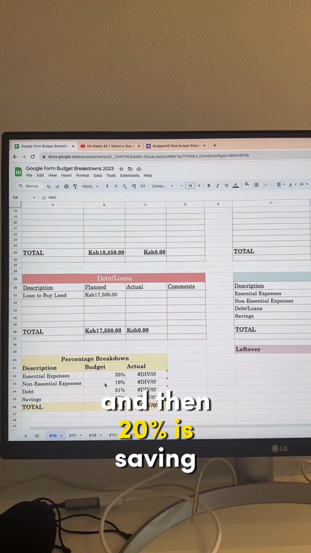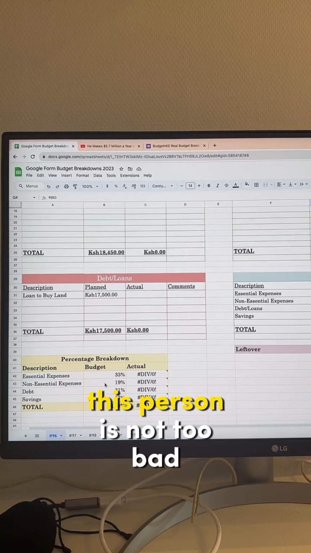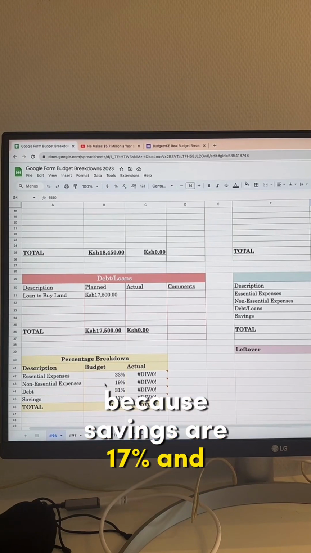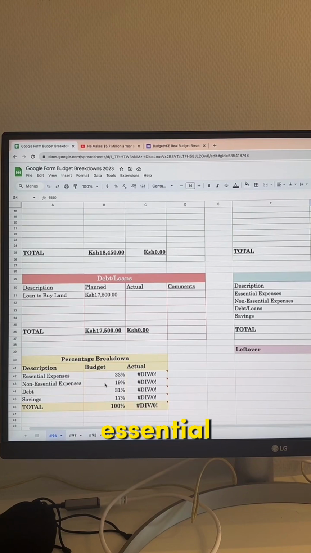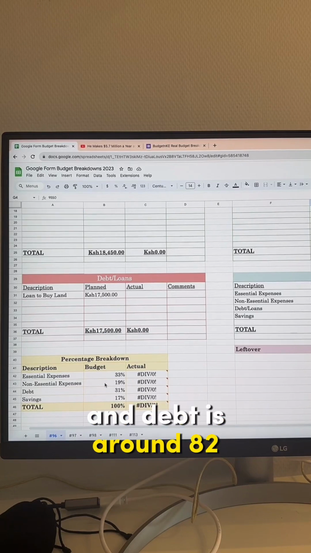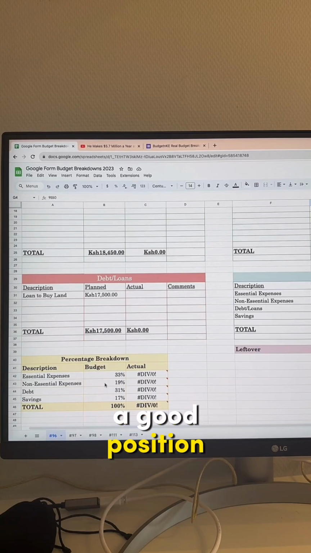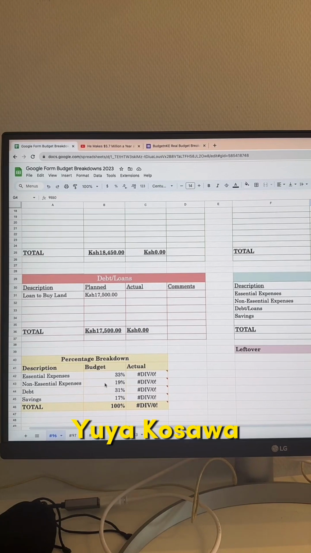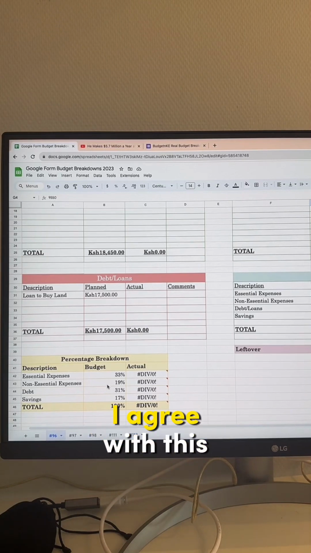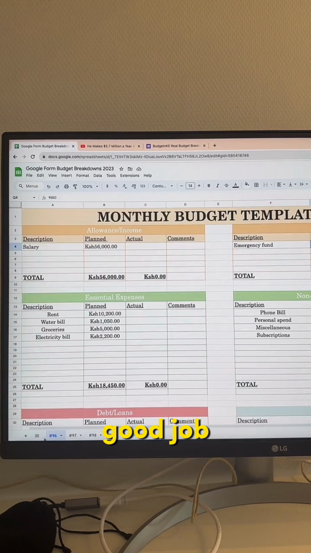And then 20% is savings. So that's why I'm saying this person is not too bad, because savings is at 17%, and essential, non-essential, and debt is around 82. So this person is actually in a good position. I agree, this person is doing quite a good job.